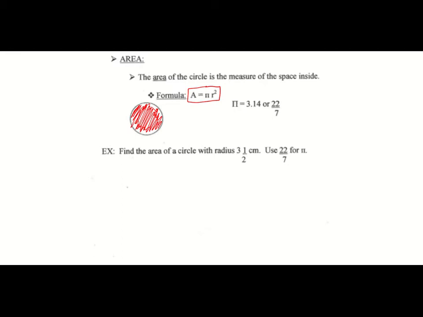It says, find the area of a circle with radius 3 1/2 centimeters. Use 22 over 7 for pi. Okay, so if we look, we have our equation for area. We can plug in our 22 over 7 for pi, and our r is going to be 3 1/2.